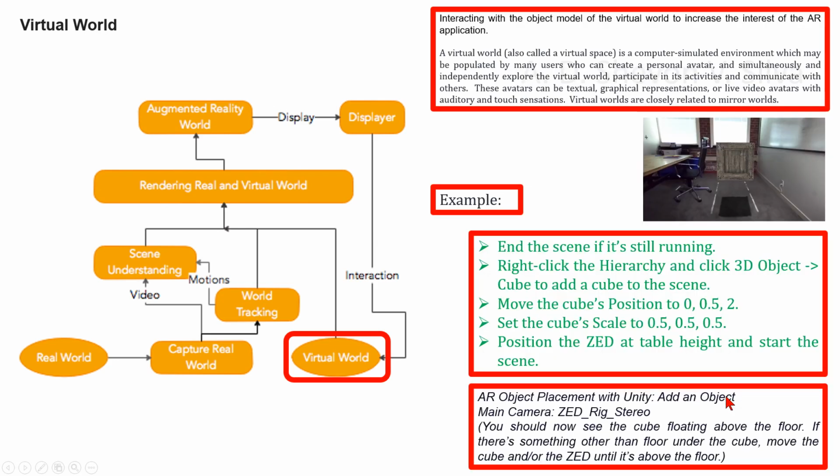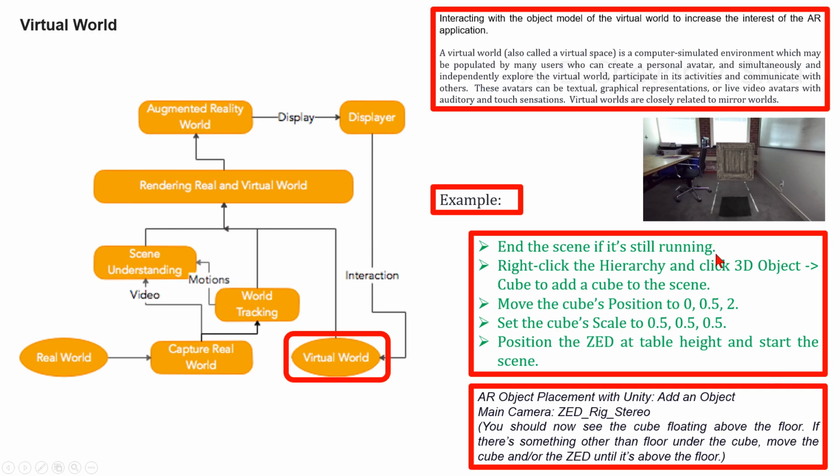As an example, we can consider AR object placement with Unity. Add an object main and then add an object. The main camera is Z underscore REG underscore stereo.